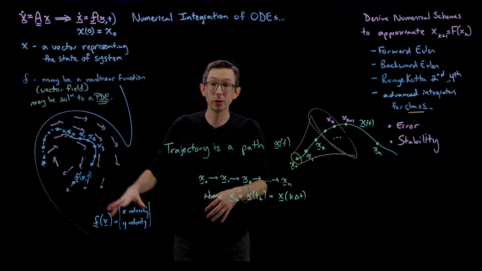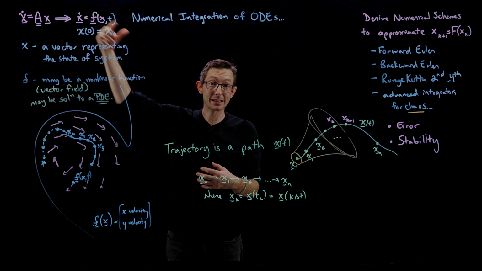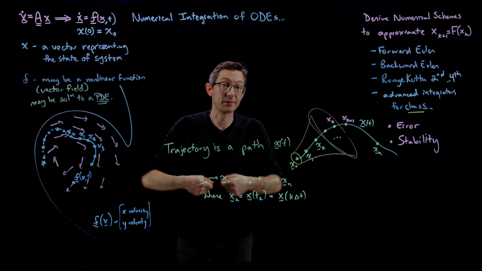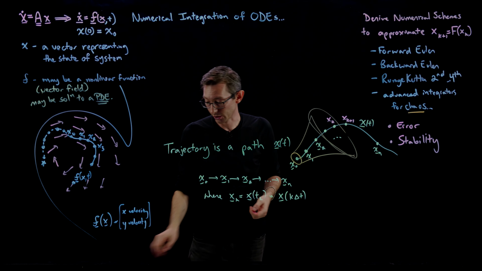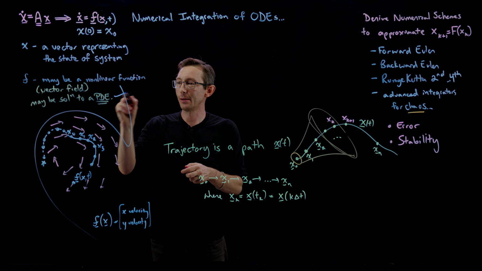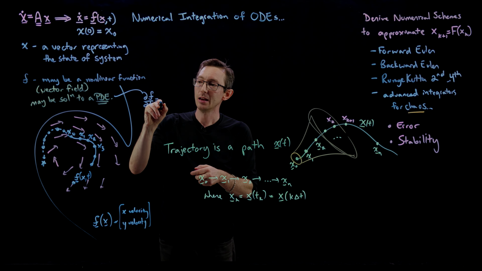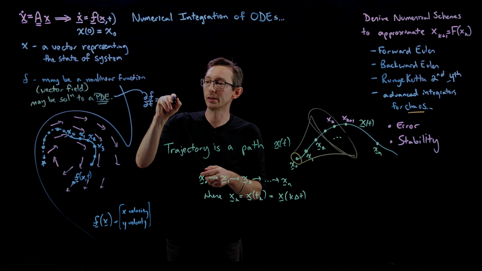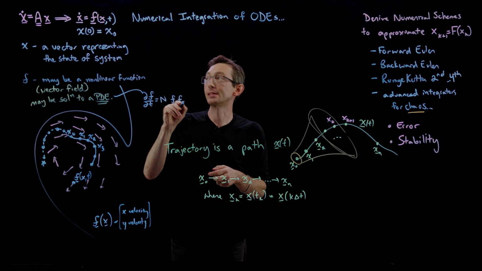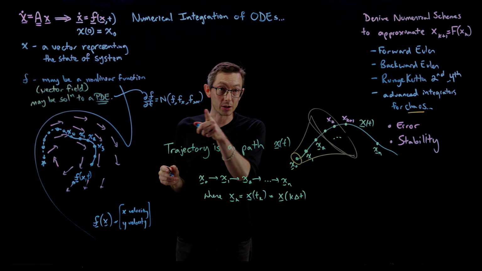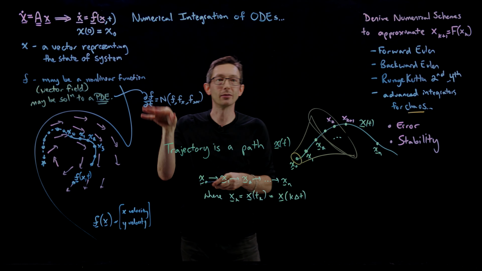So for example, in a fluid flow, f, the velocity field or the vector field of a fluid flow, actually satisfies its own partial differential equation, which would be something like, the partial derivative of f with respect to time equals some other nonlinear function of f, and maybe its spatial derivatives. So the Navier-Stokes equations for fluid flows can be written kind of like this.